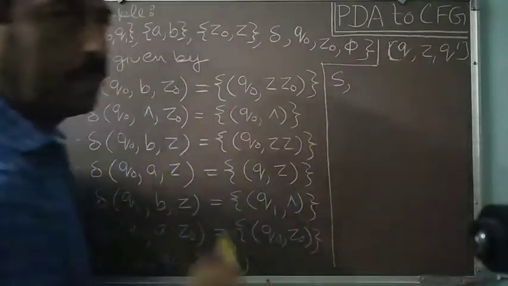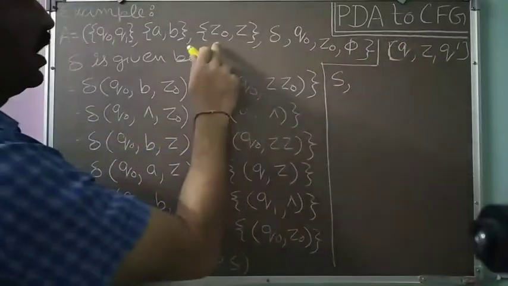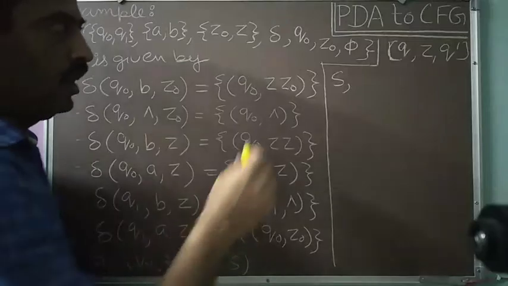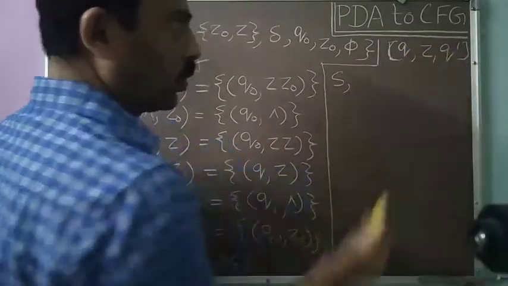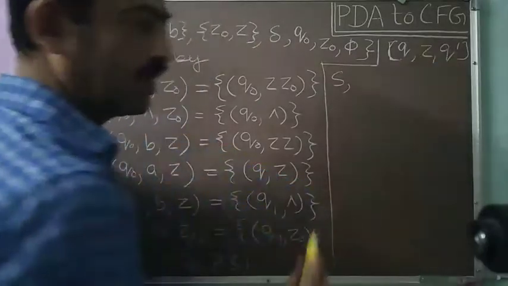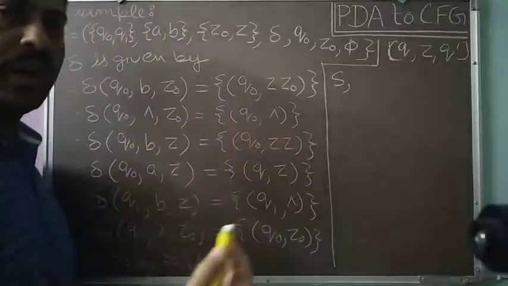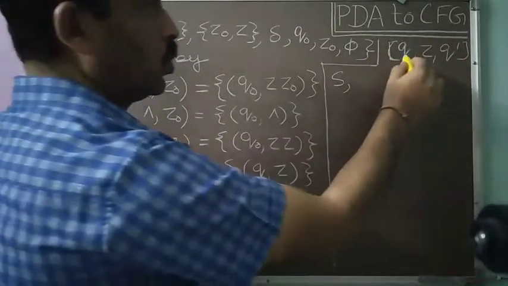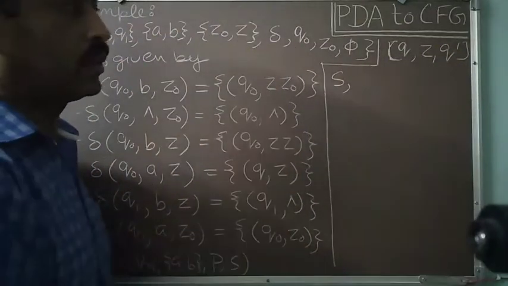And Z is a pushdown store symbol, so it belongs to rho, so Z will have the value either Z0 or Z. So for each we have two values. How many such ordered triples can we form? 2 multiplied by 2 multiplied by 2, that is 8 total possibilities.